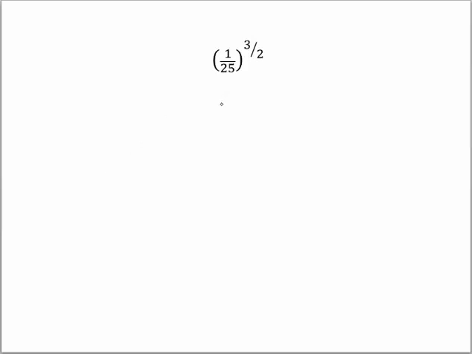Okay, here we have 1 over 25. Oh boy, raised to the 3/2. Let me get a pen. Now, what are we going to do? Write our radical, and we've got 1 over 25, and this 2 is the same thing as saying the square root.